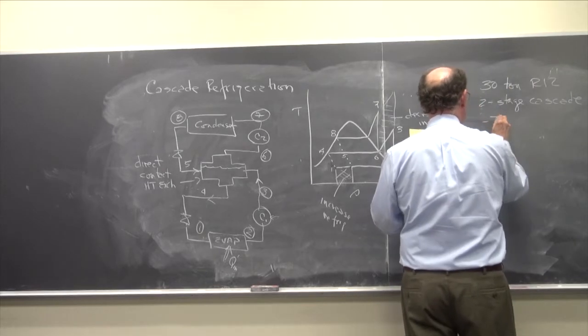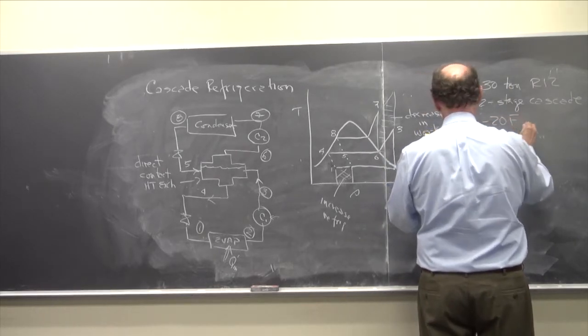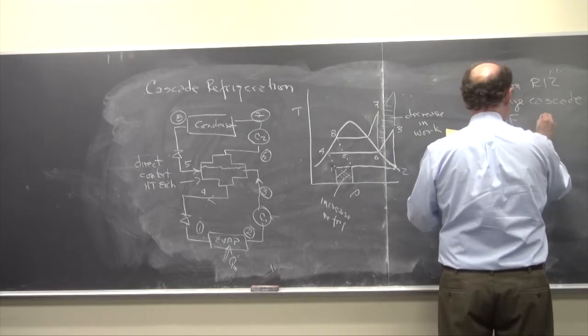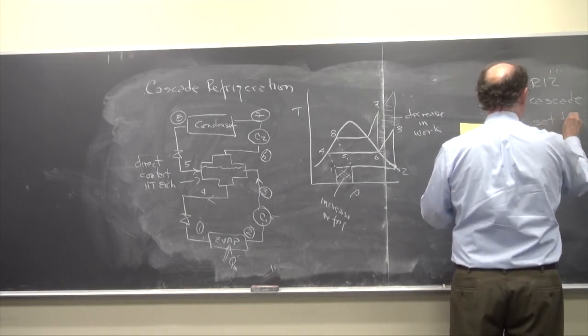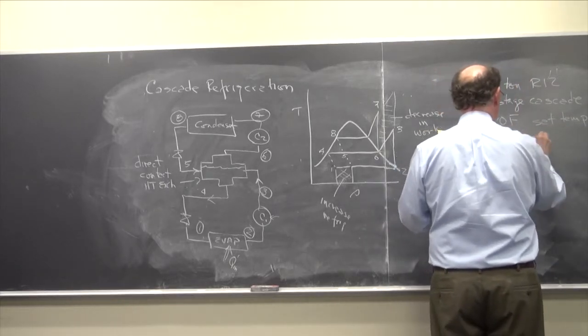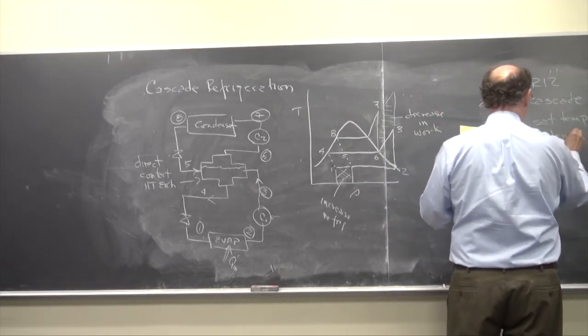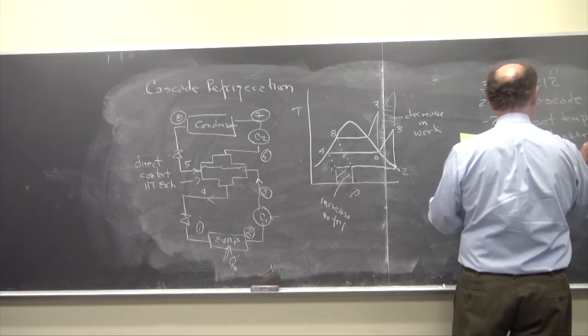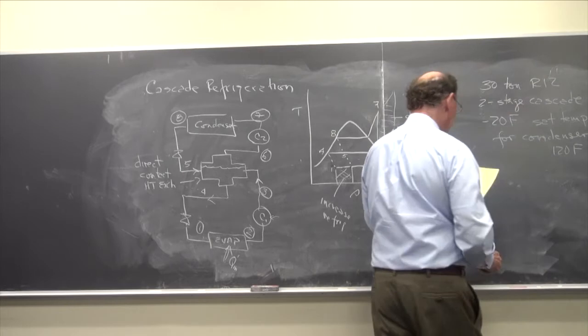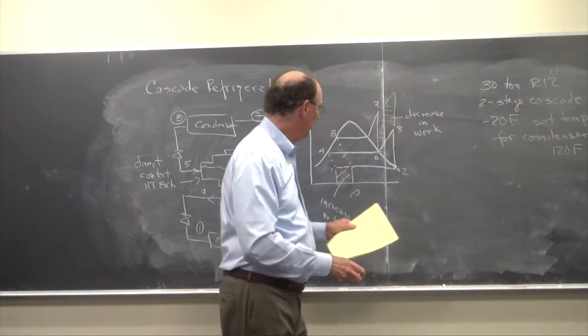Minus 20 degrees Fahrenheit is the low temperature. Sat temp for the condenser is 120 degrees Fahrenheit, and we want to find the flow rates in the various fluid states.